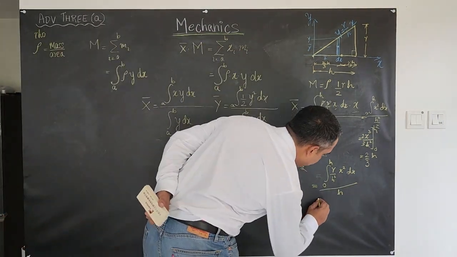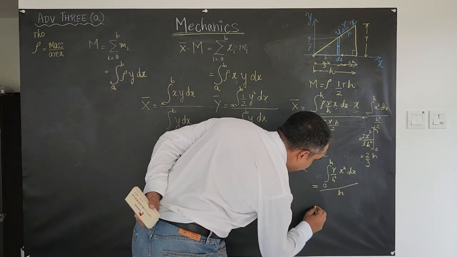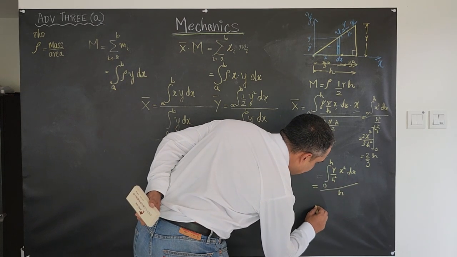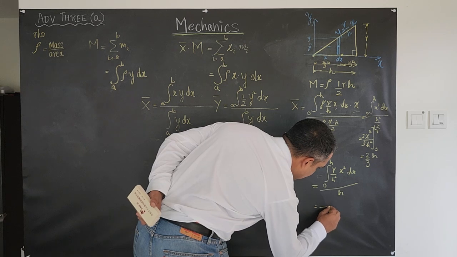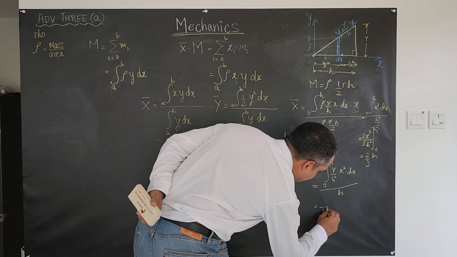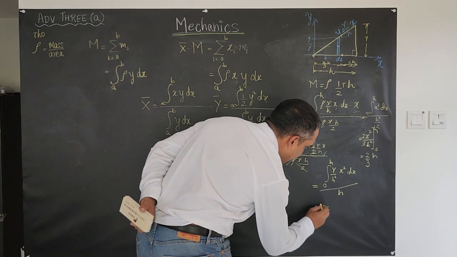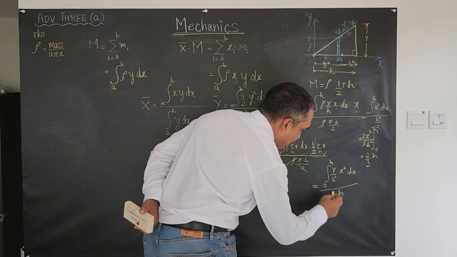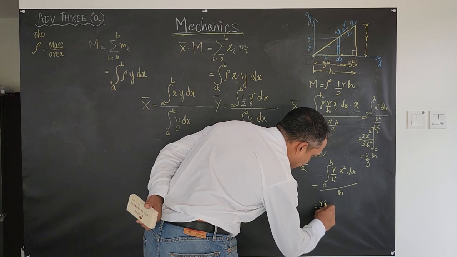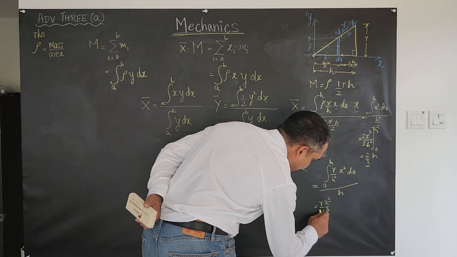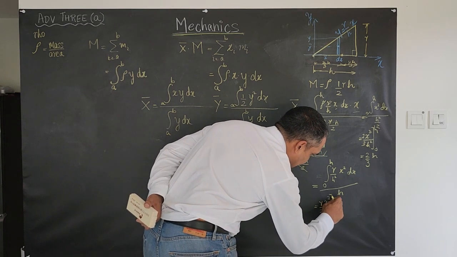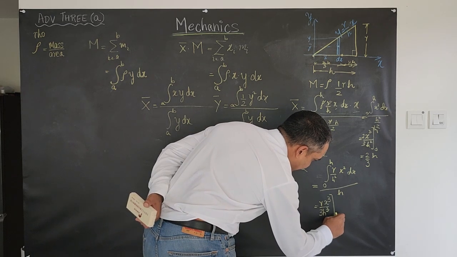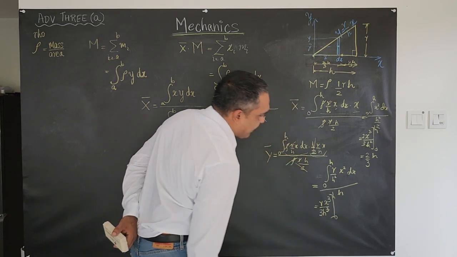So if I move this around and I solve this integral, it would be as simple as writing this as, so h cubed is in my denominator. I have an r. X squared I know is x cubed by 3, and I apply my 0 and h here as my limits.